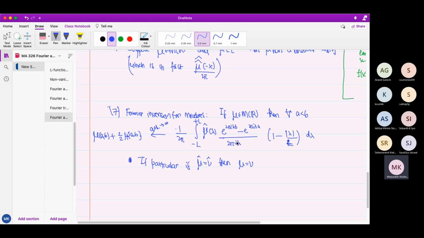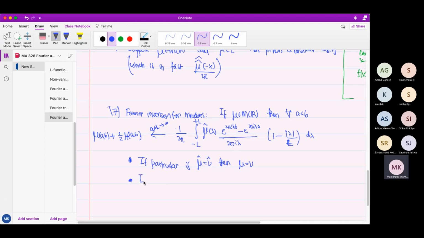The left side gives measures of all intervals whose boundary points have no atoms. So you can recover the measure from the Fourier transform. This is a Fourier inversion formula, very much like the other one, like the Fejér kernel.